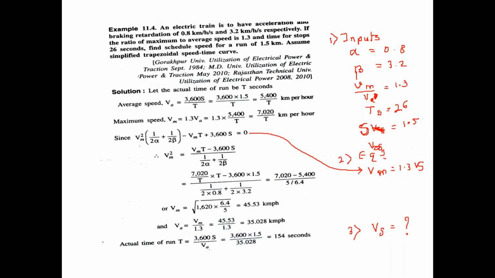Vs we have to calculate. So now Vm is 1.3 Va, which I can write as 1.3 times S by T.